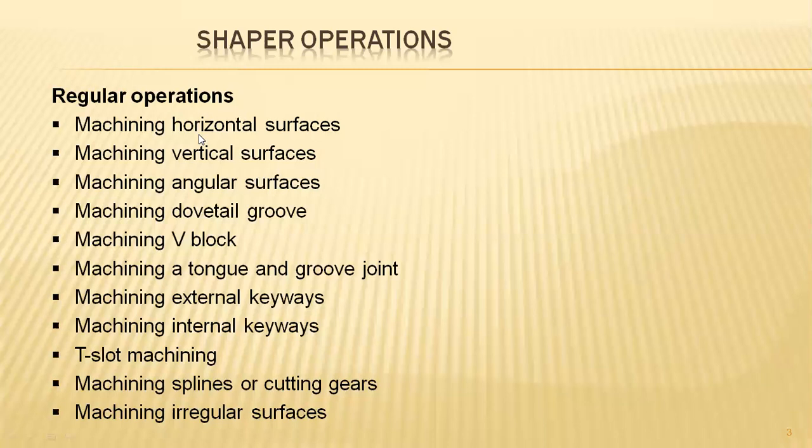Here we have two different conditions. In one, the work part will be in a fixed condition and the tool will be in a dynamical position, sliding over the work part and carrying out the overall working process.